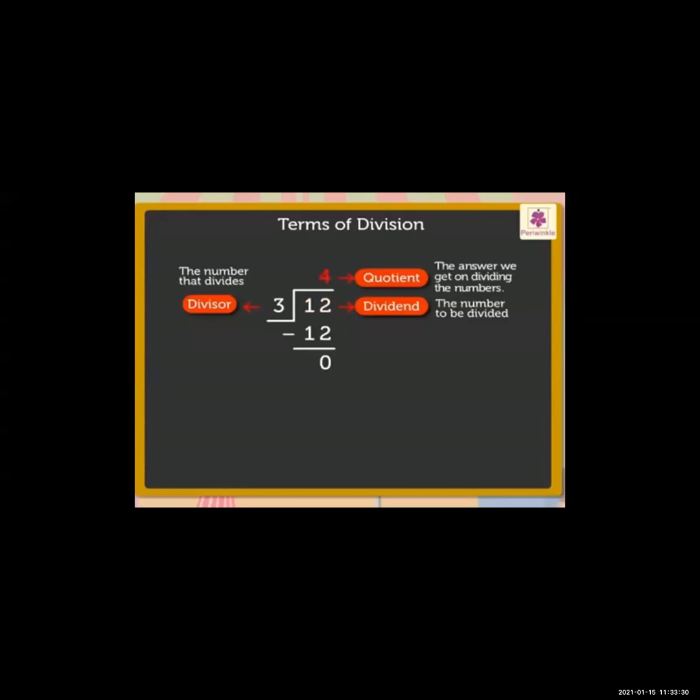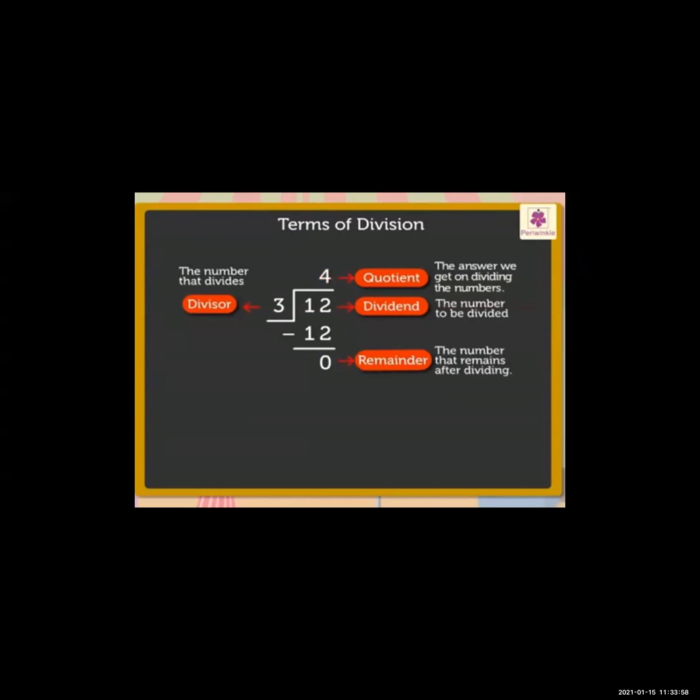Here, the number 4 is the quotient. The number that remains after dividing is called the remainder. Here, the number 0 is the remainder. The remainder is always smaller than the divisor. Did you notice? Quotient is equal to the number of times we subtracted.